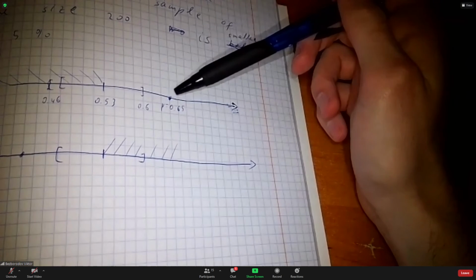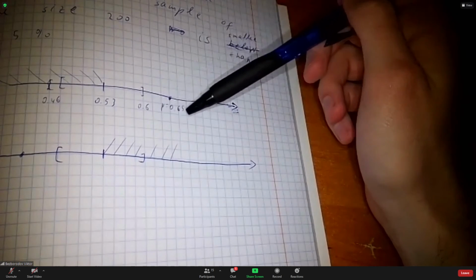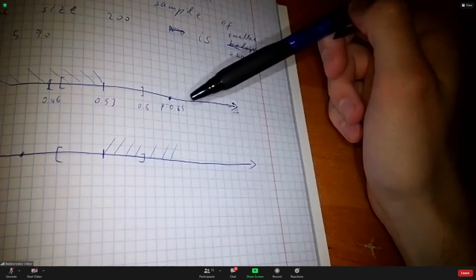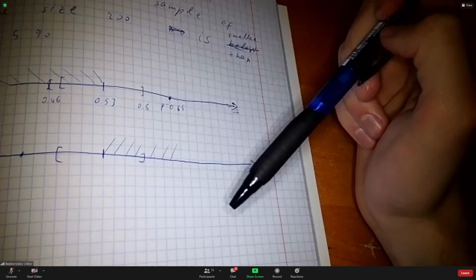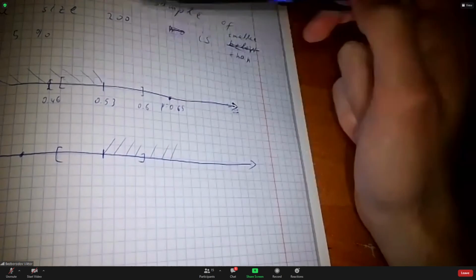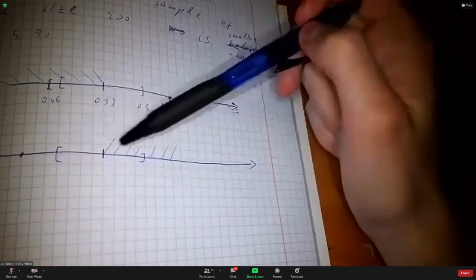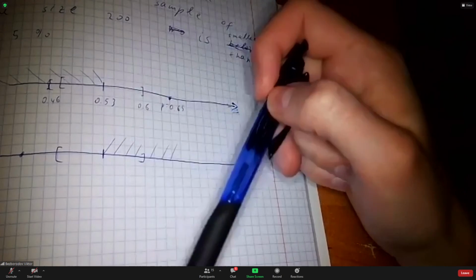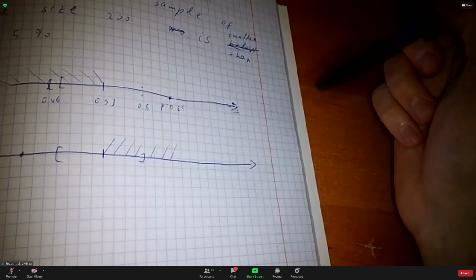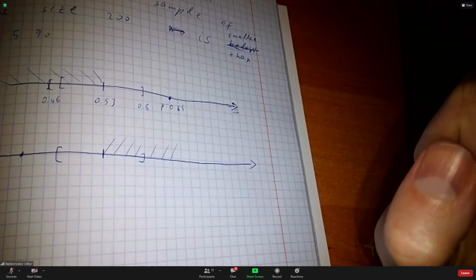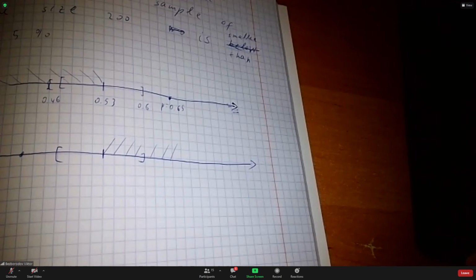However, it may be that this is not your true mean. In a realistic scenario, you don't know your true mean. So the realistic scenario is that you say, okay, most likely my true mean is in this interval, because if it is outside this interval, I would be very unlikely to observe what I have observed. This is the philosophy behind the confidence interval: if you're outside this interval, you are unlikely to observe what you observe.